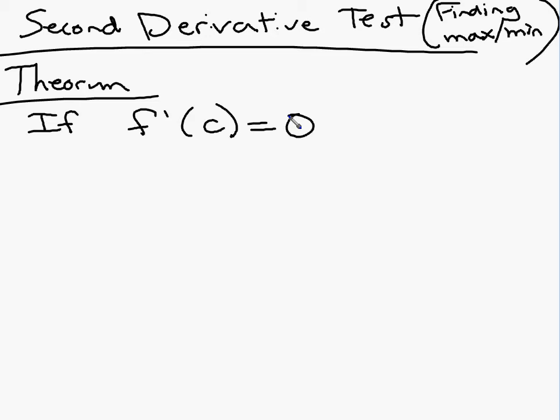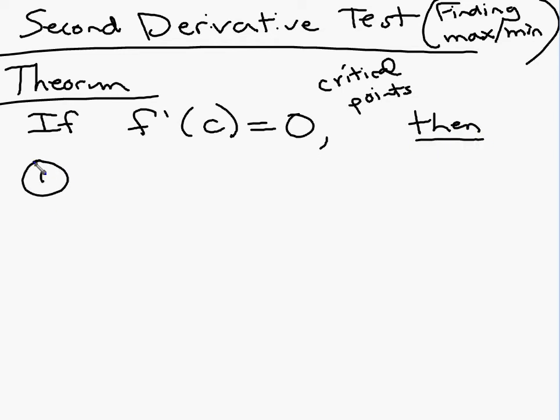If f prime of c equals 0, then I know two things. Number one, if f double prime of c, so now you're going to take one of those critical points and plug it into the second derivative.